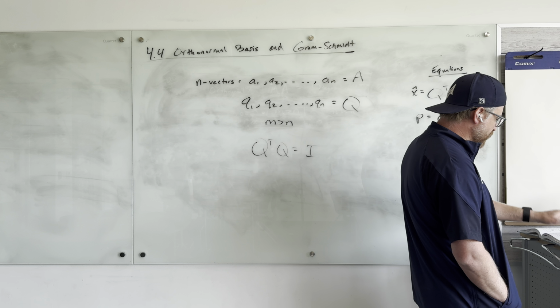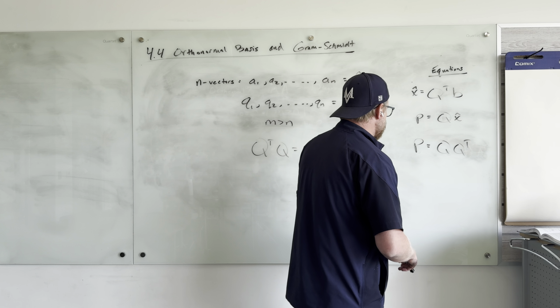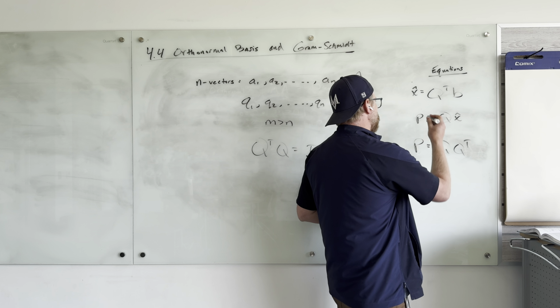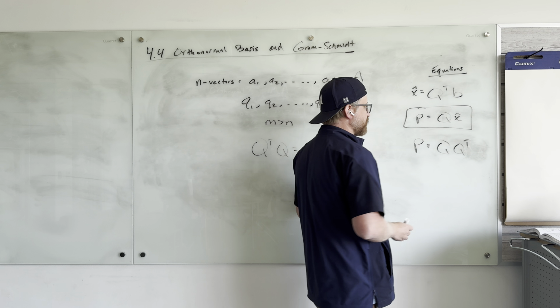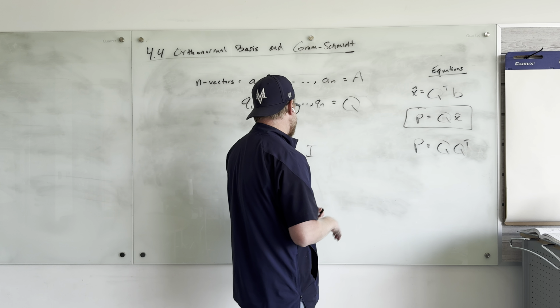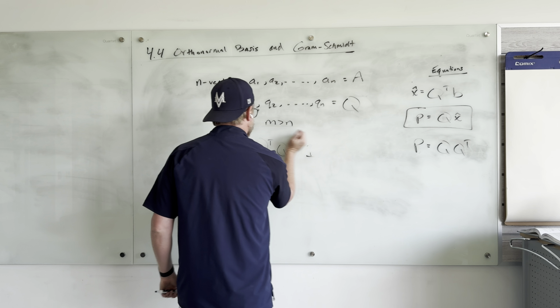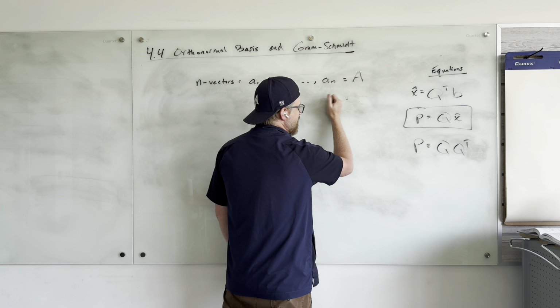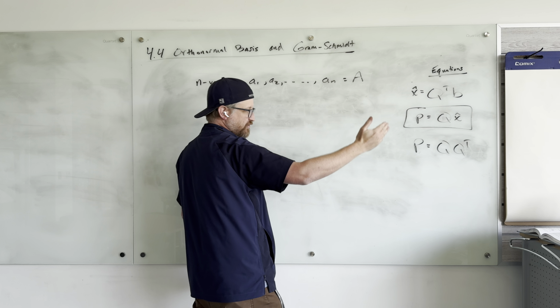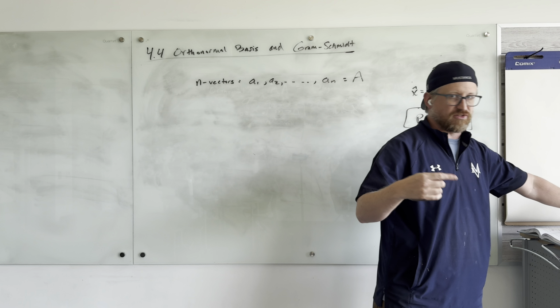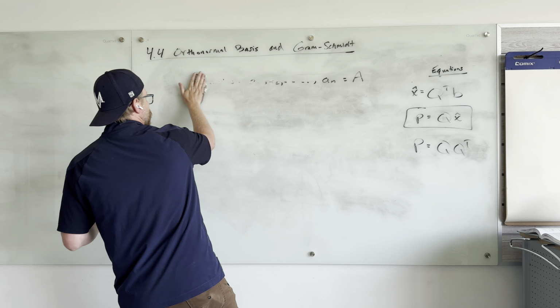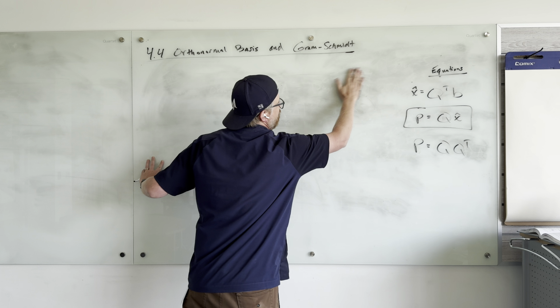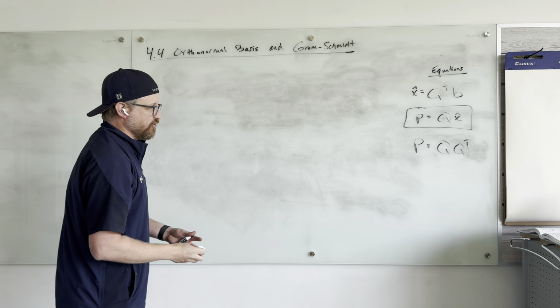Now, what I want to do is look at the matrix multiplication that works here for the projection based off of what we have, because this is what defines how we take our vector b and project it into its pieces that are on the subspace, in this case onto our orthonormal basis, and see how we can calculate that projection.